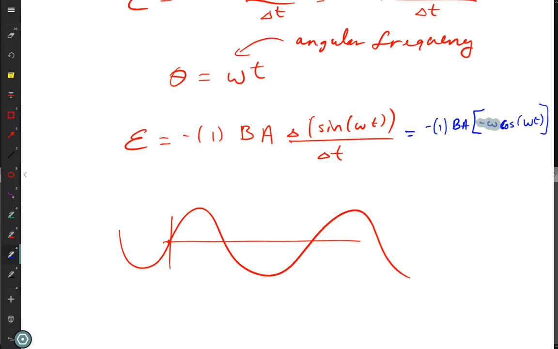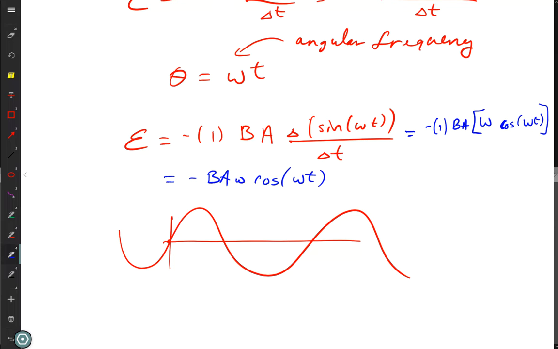We had to do calculus to actually do that. But that tells us what the EMF is going to be. So writing this out, it equals minus BA omega cosine of omega t.